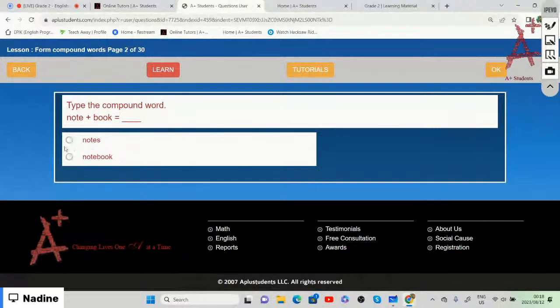Because remember, if we put these two words together, we need to get our bigger word, and the bigger word is called our compound word, because our compound word is made up of two smaller words. In this case, it is note plus book, so note plus book equals notebook.